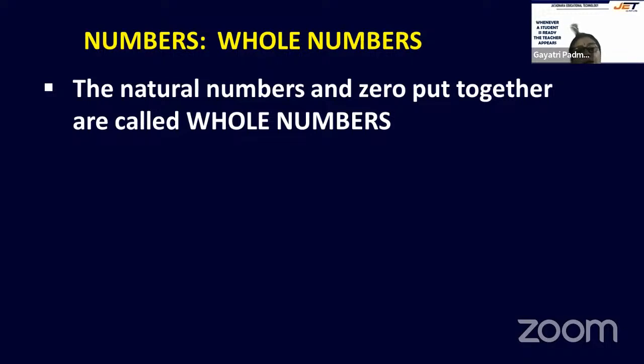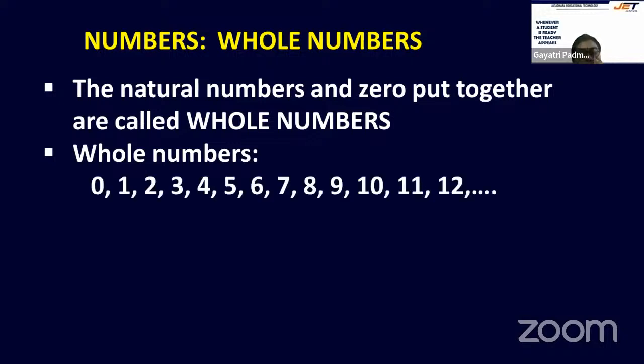So your whole numbers start with 0, 1, 2, 3, and so on till infinity. Am I clear? Whole numbers start with 0, 1, 2, and so on. Natural numbers means 0 is not there. It is only 1, 2, 3, 4 till infinity.